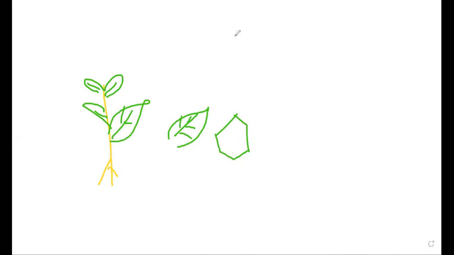Inside there is a nucleus, isn't it? The cell wall is made up of cellulose, isn't it?